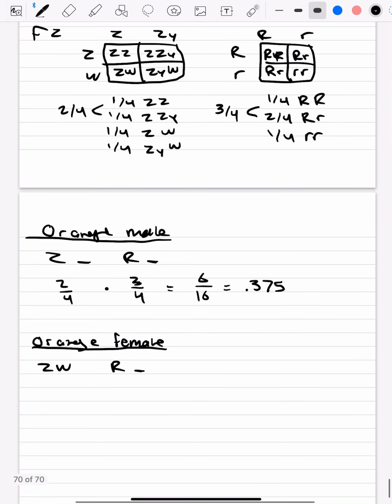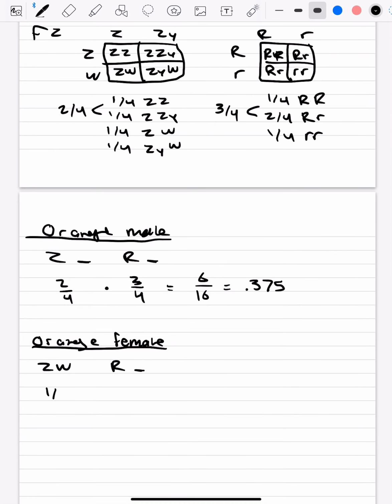Having ZW is a 1 out of 4 ratio, multiplied with big R, other allele not mattering, which is 3 out of 4. And that gives us 3 out of 16. And to find the frequency, 3 divided by 16, if I'm not mistaken, is 0.1875.